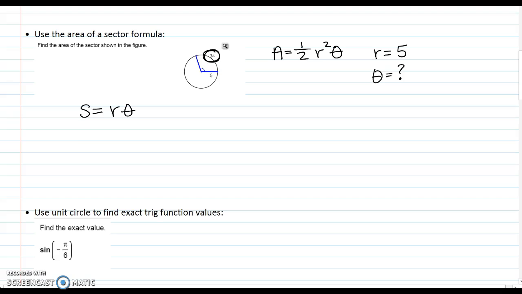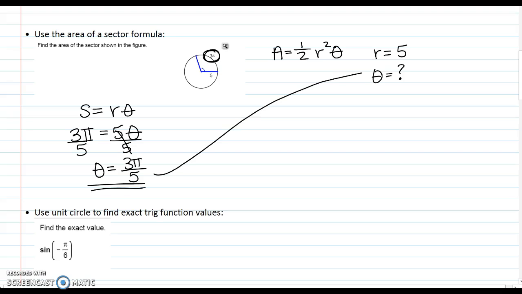So we sort of have to go back. I don't know if you remember us doing this problem. We have to go back a step and work this little mini arc length problem so that we can get the theta that we need for our area formula. I'm going to plug both the arc length and the radius that they gave me into my arc length formula so that I can get the central angle that I'm going to put over here in my area formula. So we solved this little separate problem, plugged it in.